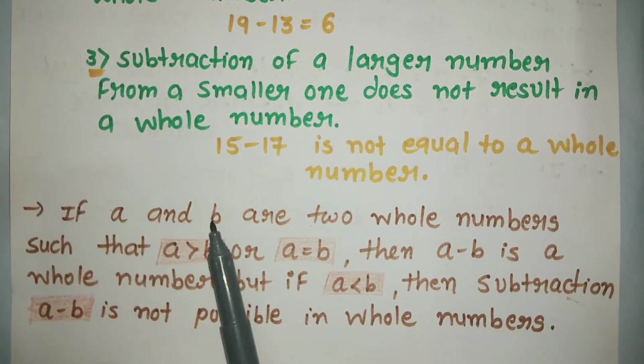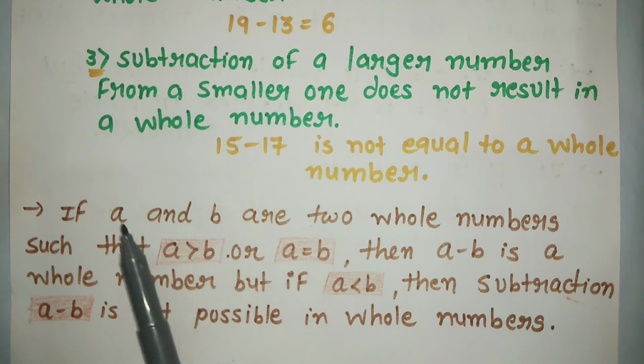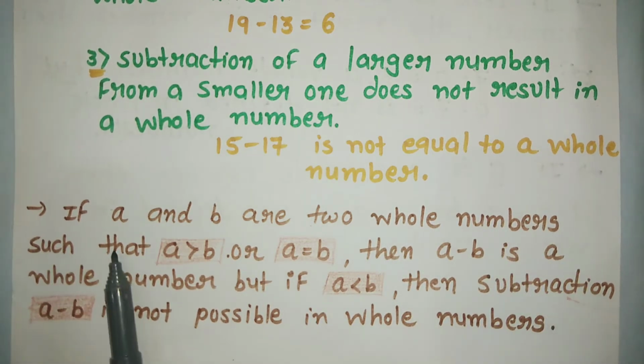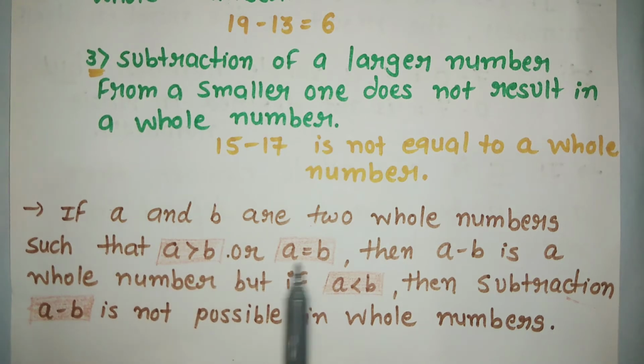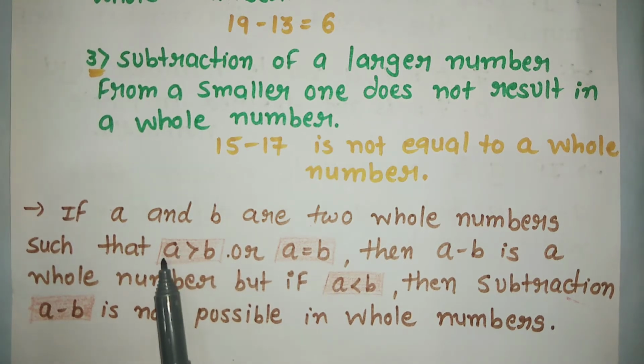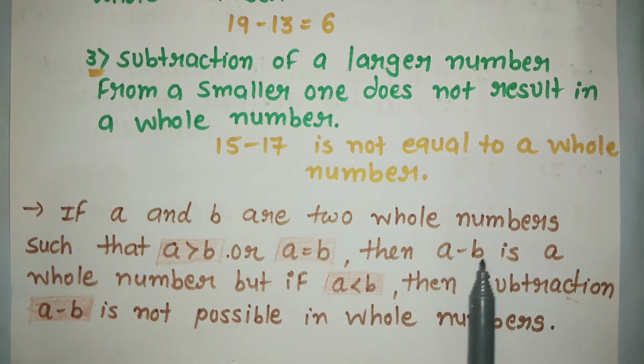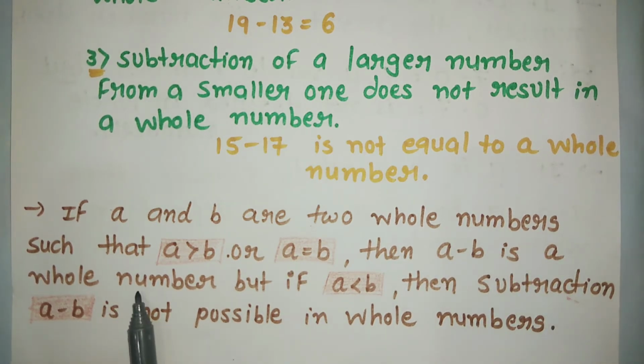If A and B are two whole numbers such that A is greater than B or A equal to B, then and only then A minus B is a whole number.